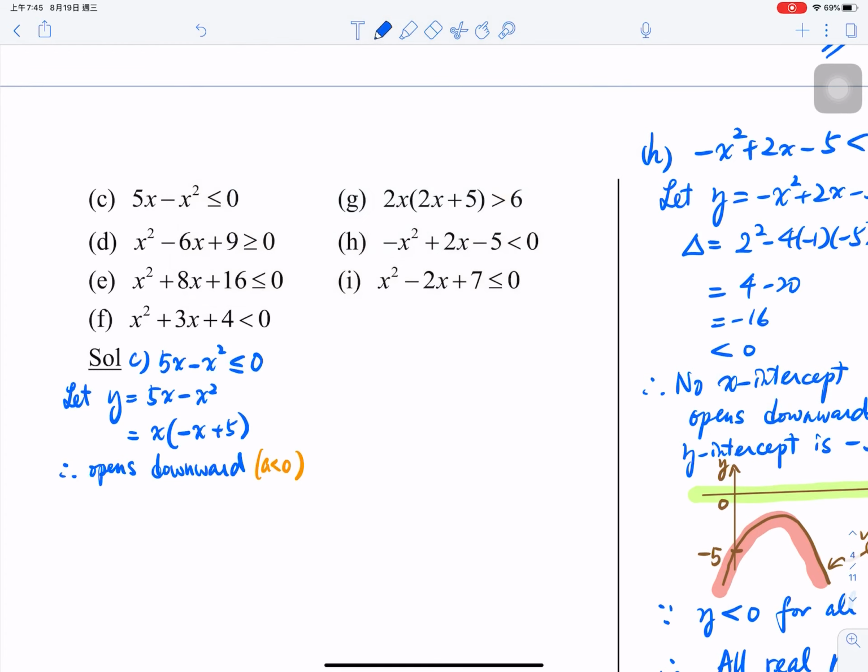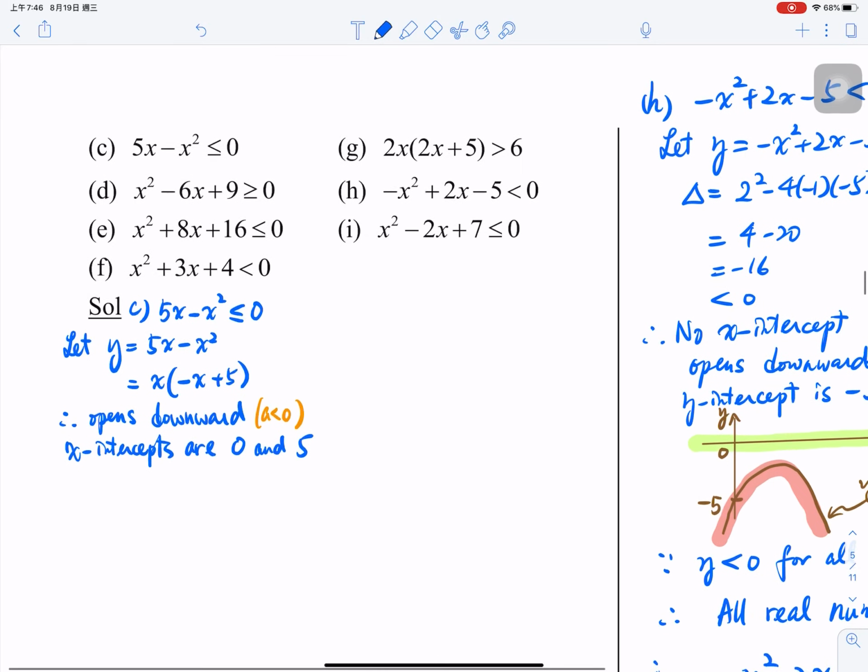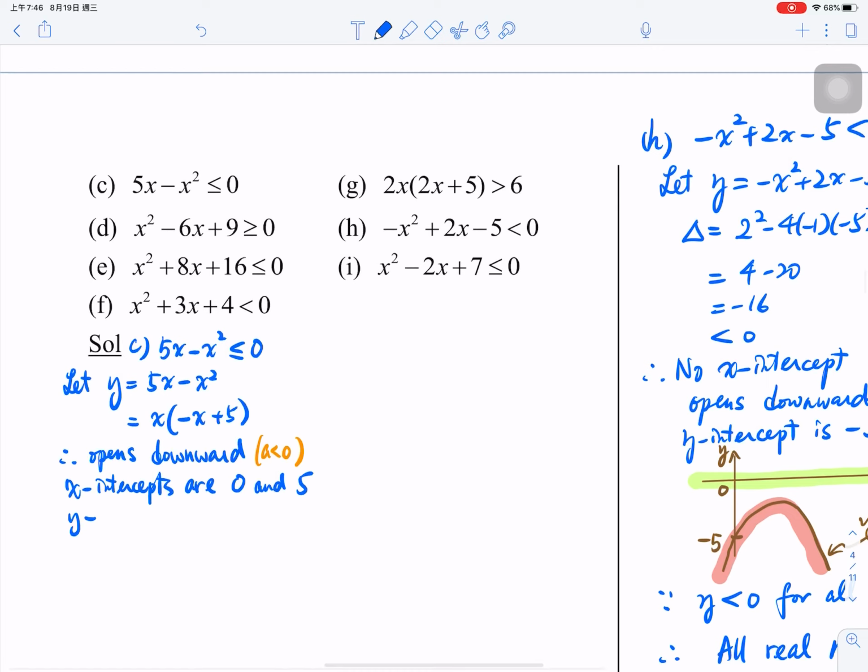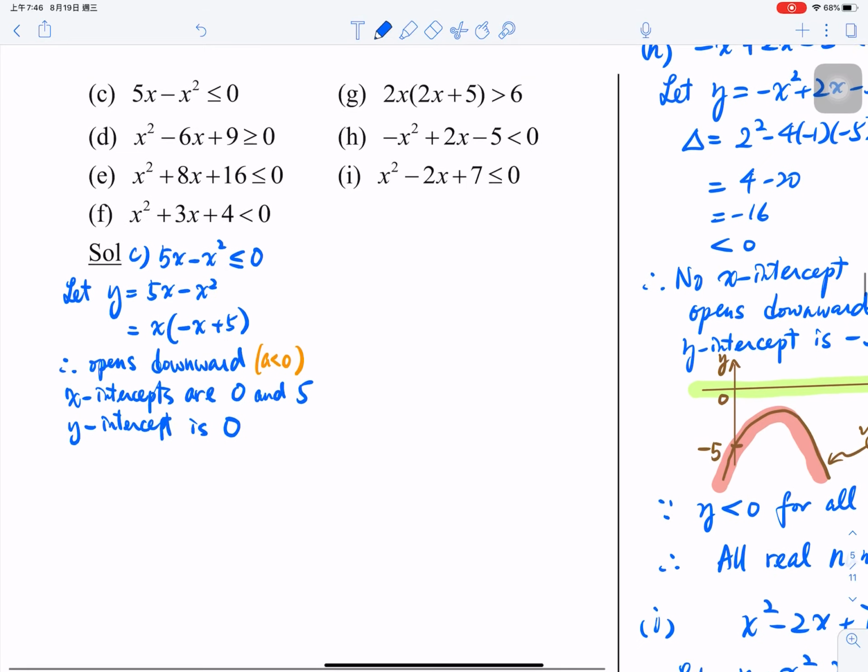Okay, how about the x-intercepts? Yeah, they are 0 and 5. You just put this one equals 0 and then you get 2 values of x. How about y-intercept? Yeah, y-intercept this time is 0. When x is 0, there is no more constant part, so y-intercept is 0.